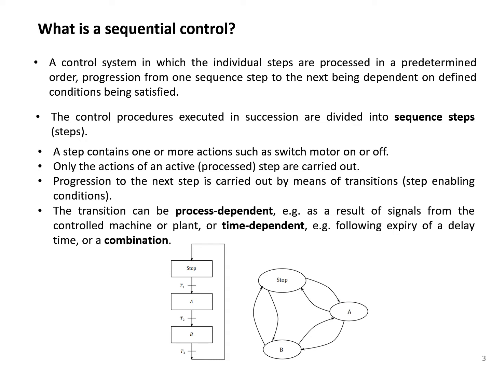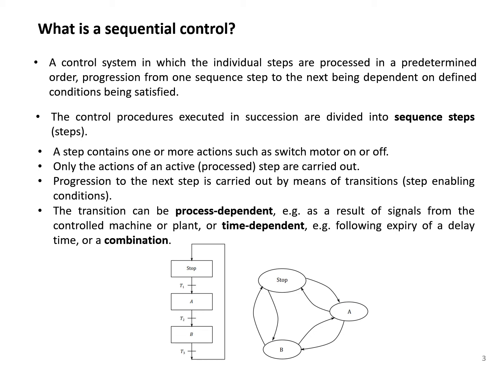So process dependent, for example, if a limit sensor or switch is on, then we could proceed from this step to the next one. Or after 1 second, after 5 seconds, this step should be deactivated, and we should proceed to the next step and activate the next one. So that's the time dependent.